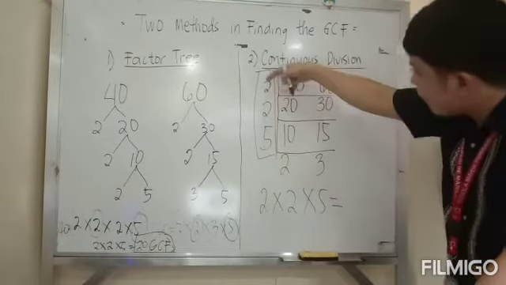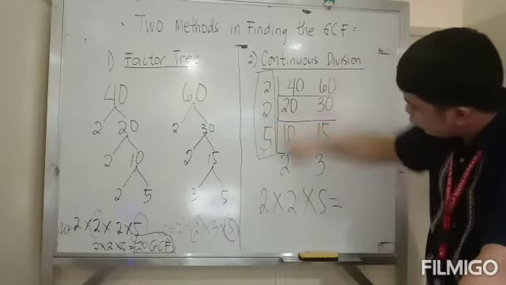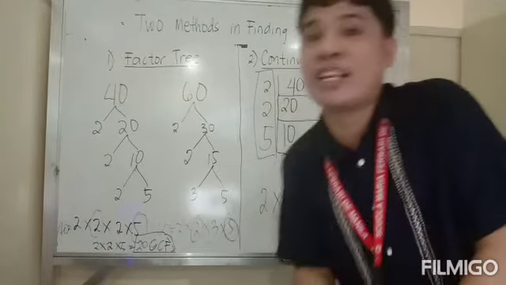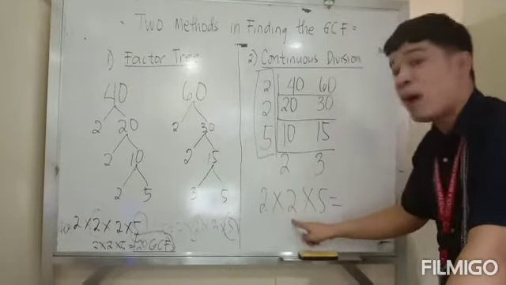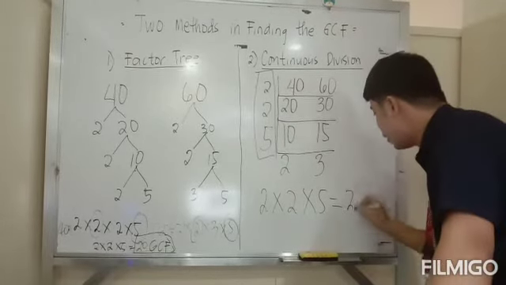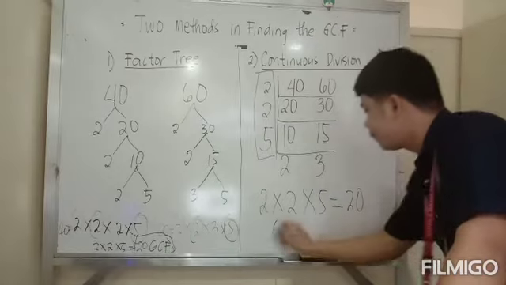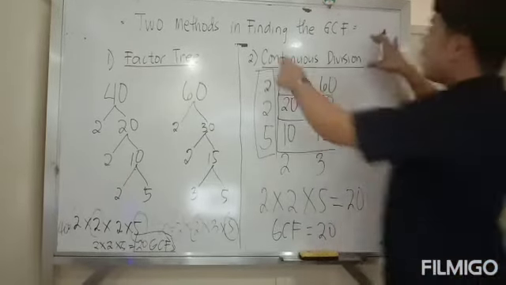These are just copied and pasted here. Just multiply the common factors, okay? 2 times 2 equals 4, times 5 equals 20. So the GCF here is 20 using continuous division.